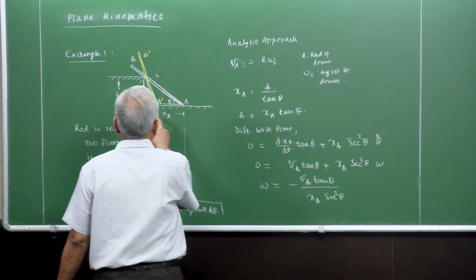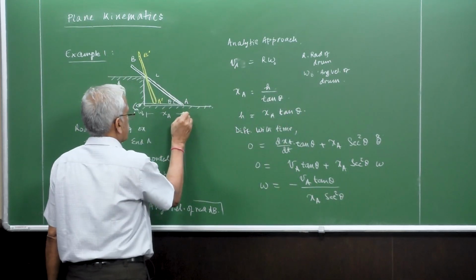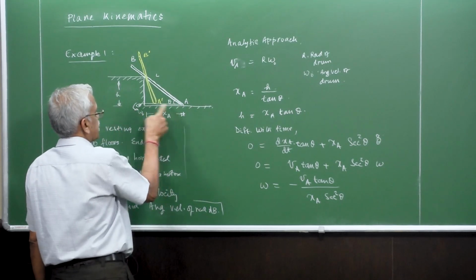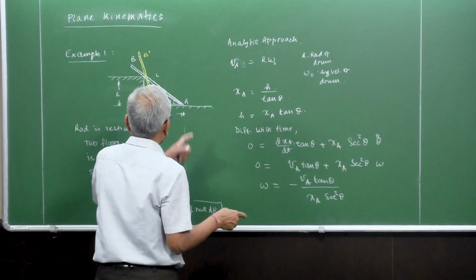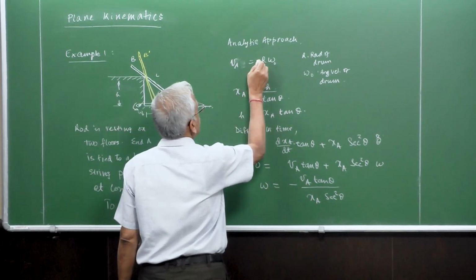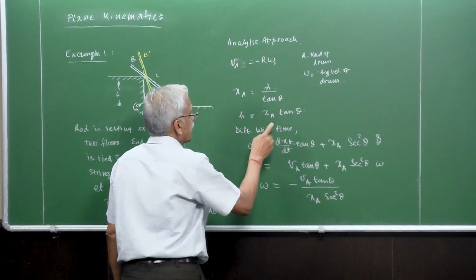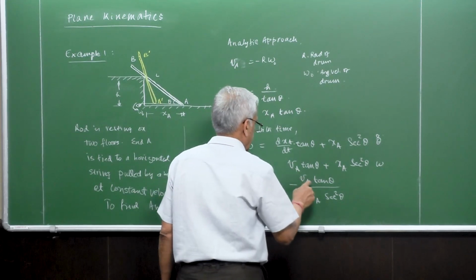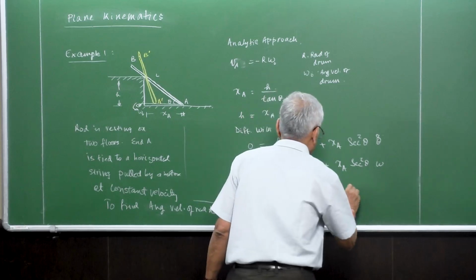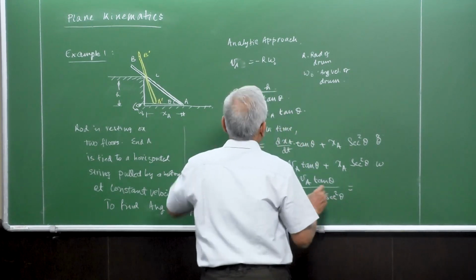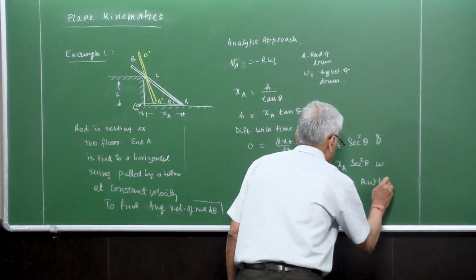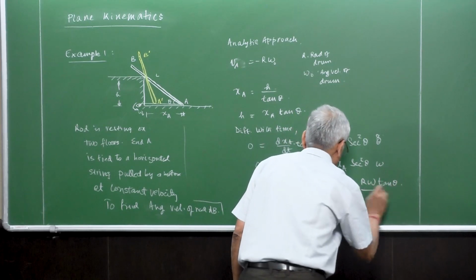So if XA is measured from this point in this direction, the velocity here is going to the left, so we can put a minus r omega, and if you want to write that here, minus VA, so it's r omega tan theta.